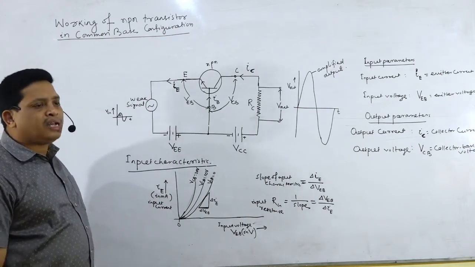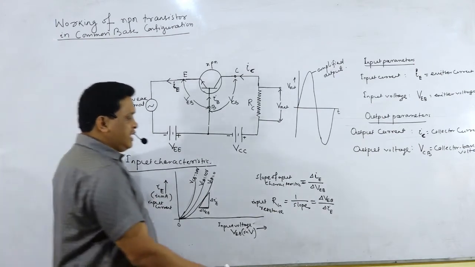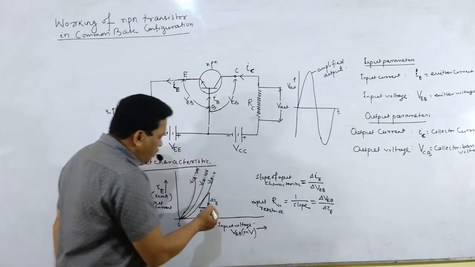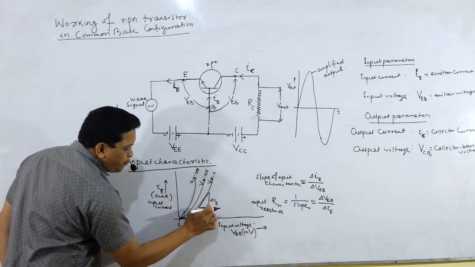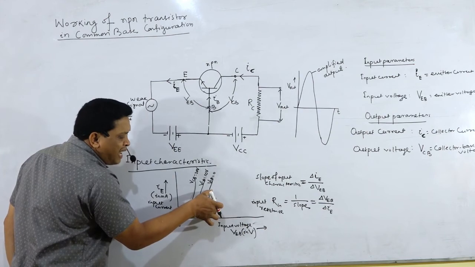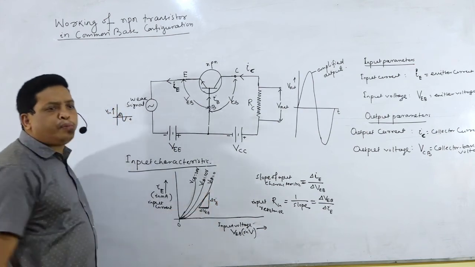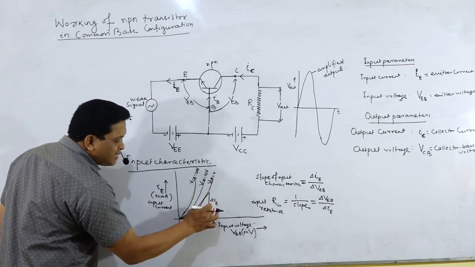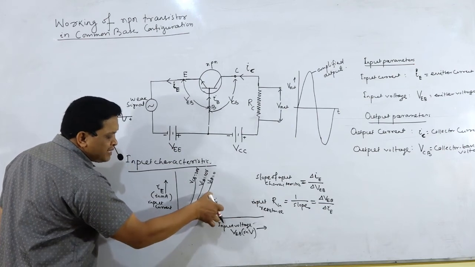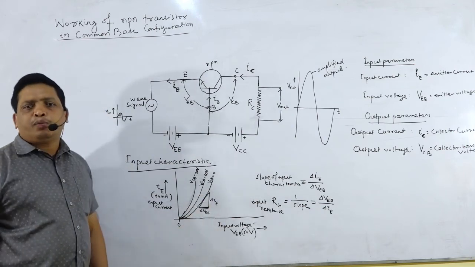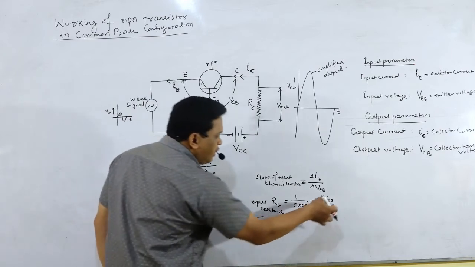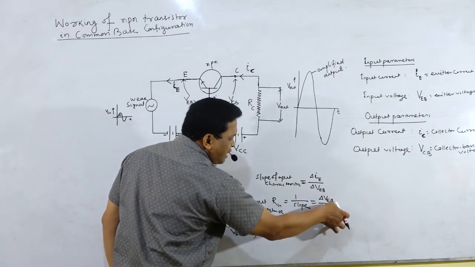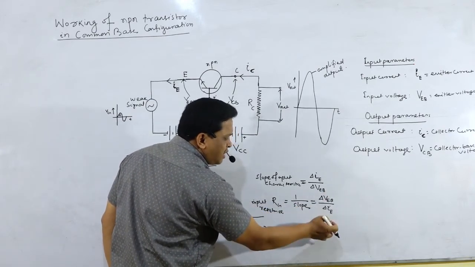Now let us discuss its value. See, as I told you, a small change in input voltage brings a larger change in input current. So here the numerator is smaller and the denominator is comparatively larger.